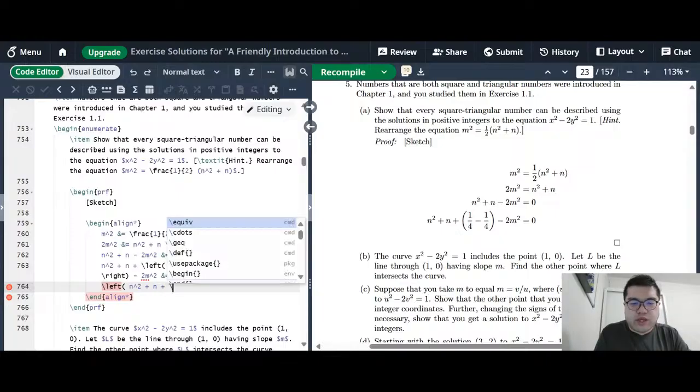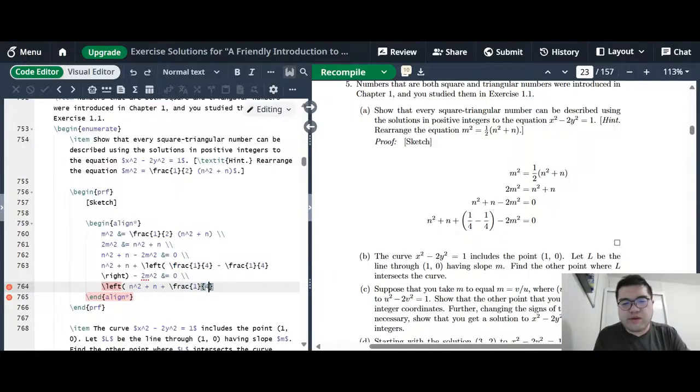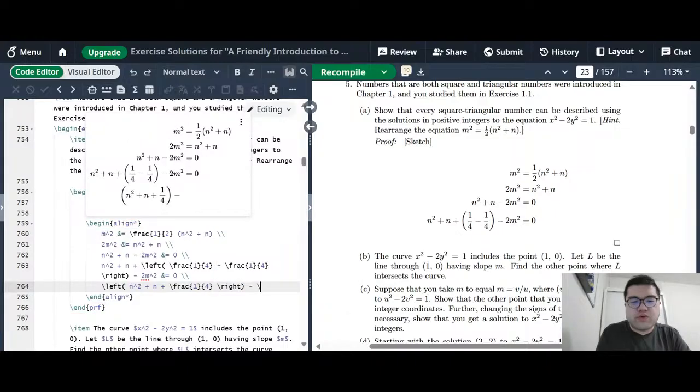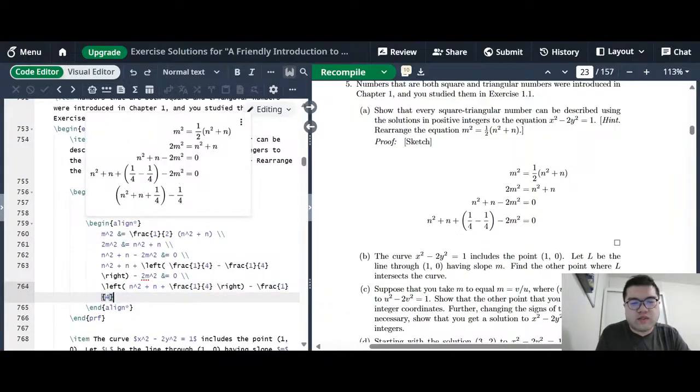So we are going to get something like this. And then for now, don't worry about the rest. We still, of course, need to write down the rest. Minus a quarter, and then minus 2m squared, which is equal to 0. Okay.